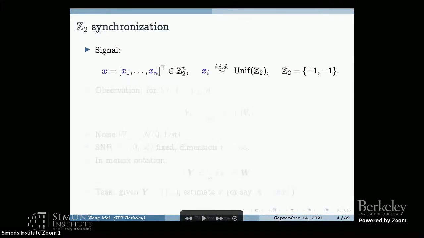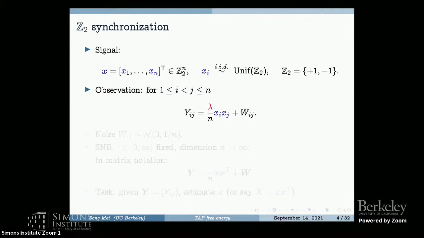So what is Z2 synchronization? We have a signal x in n dimensions, where each coordinate is uniformly plus or minus 1. This is the prior of the signal, and we observe a noisy pairwise product of x_i and x_j, observing this y_ij.